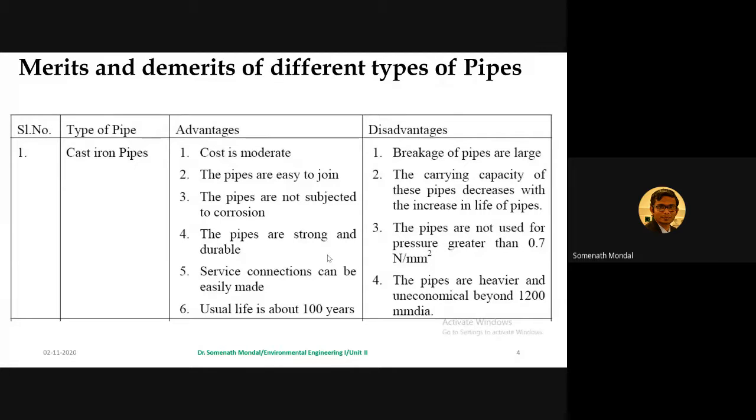Bigger or larger diameter pipes can break. Next is they are subject to tuberculation in certain waters, due to which their carrying capacity is reduced by as much as 70%. Fine. So this is a very practical problem.